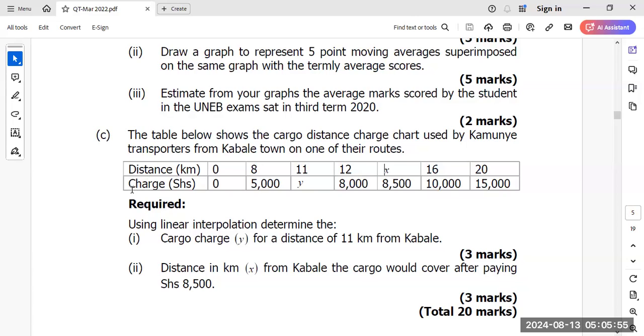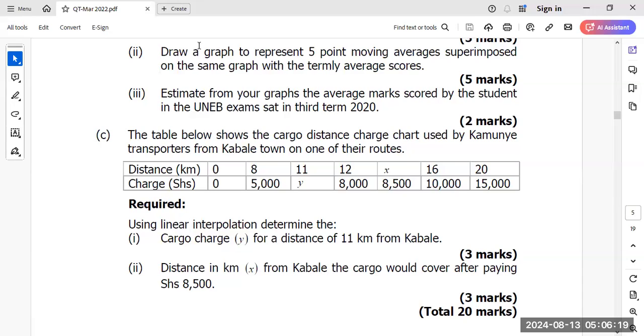That's basically what you're interested in, to find out the missing figure in between these values. They are telling us the table below shows the cargo distance charge chart used by Kamunye transporters from Kawale town on one of their routes.